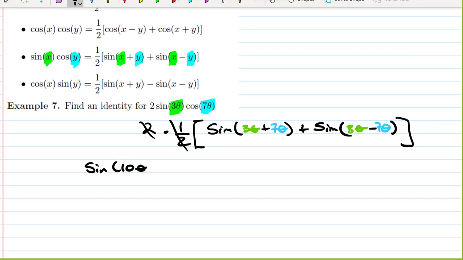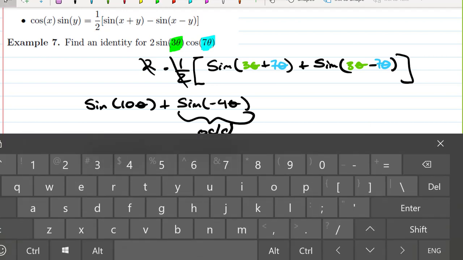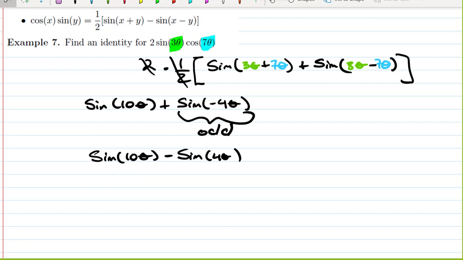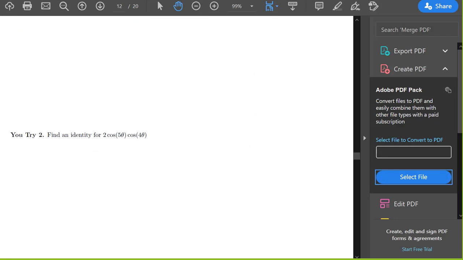So we get the sine of 10 theta plus 3 theta minus 7 theta is the sine of negative 4 theta. And then sine is odd, so we get the sine of 10 theta minus the sine of 4 theta. And that would be our identity for this.